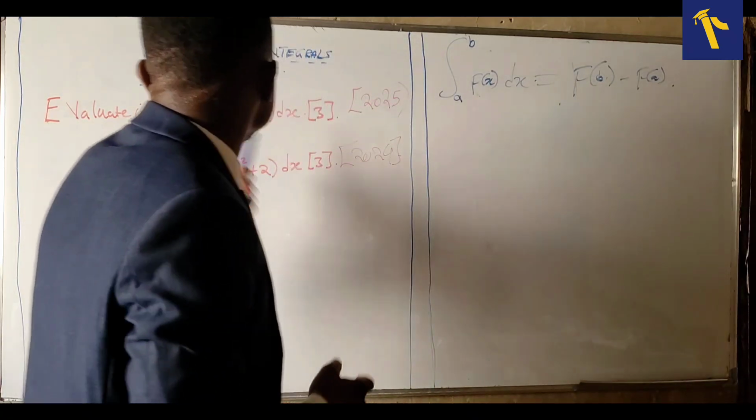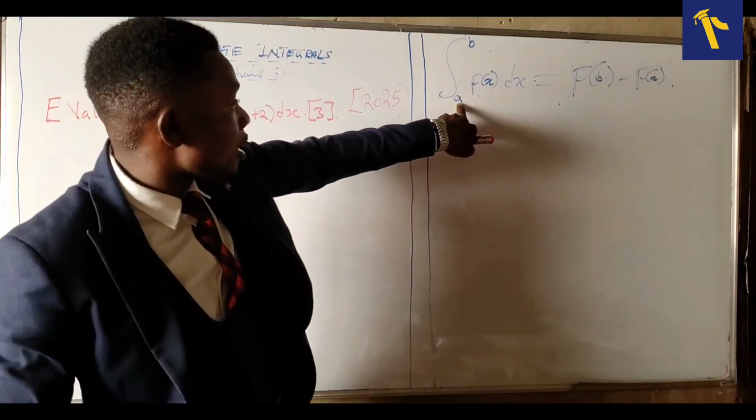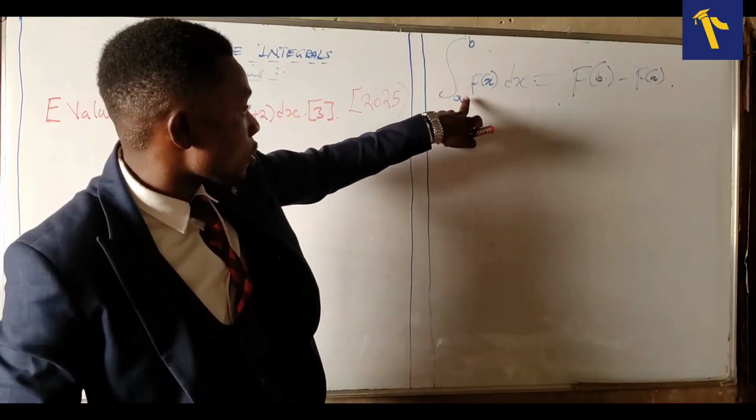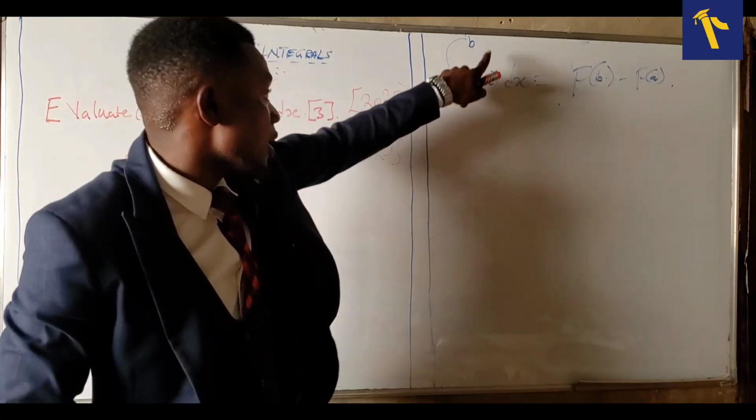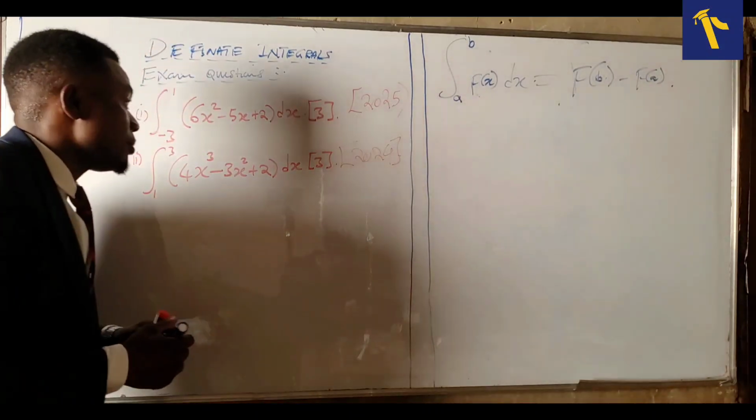So a definite integral has limits, where the first one, a, is what we call the lower limit, and the second one, b, is what we call the upper limit.